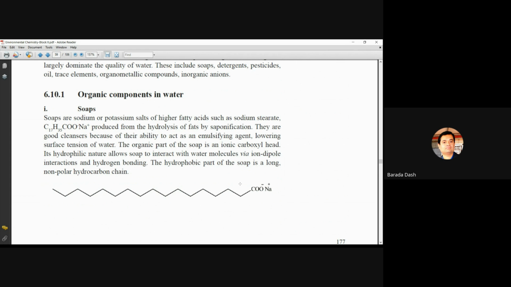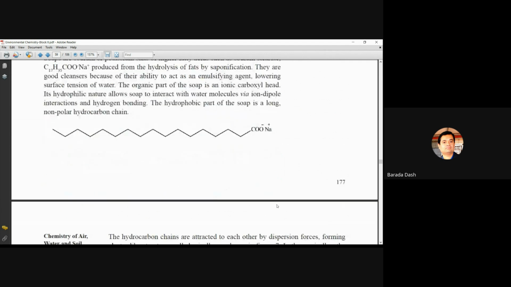Its hydrophilic nature allows soap to interact with water molecules via ion-dipole interaction and hydrogen bonding. The hydrophobic part of the soap is a long non-polar hydrocarbon chain. Soap has two parts: this top carboxylic part is hydrophilic, and this long chain is hydrophobic.